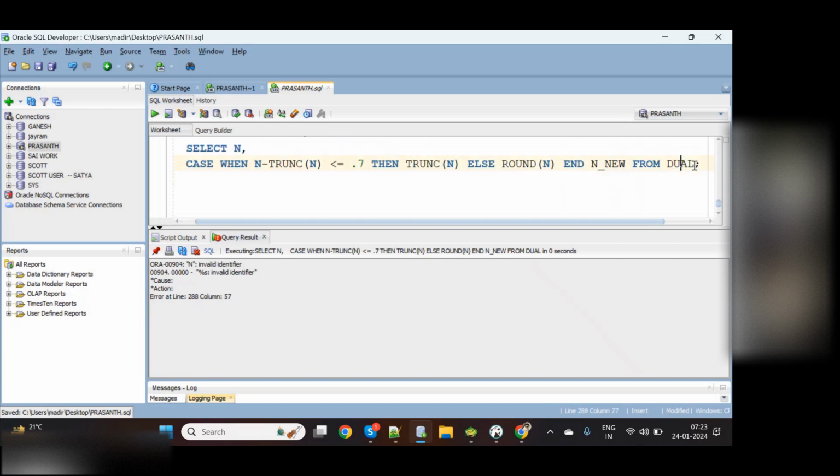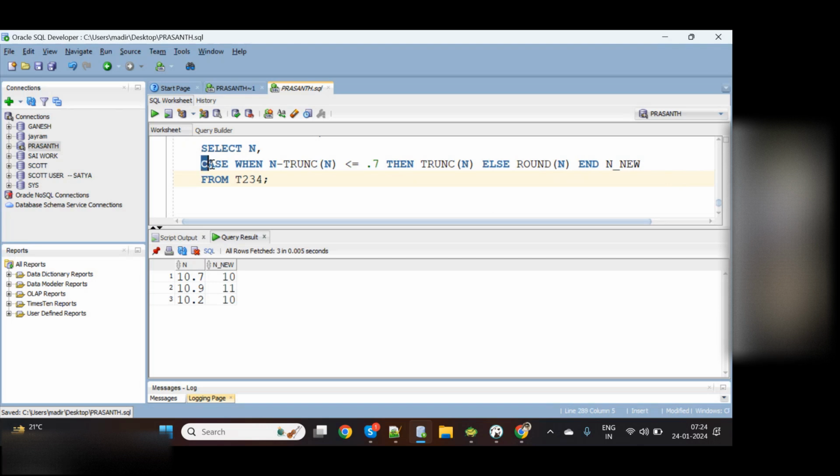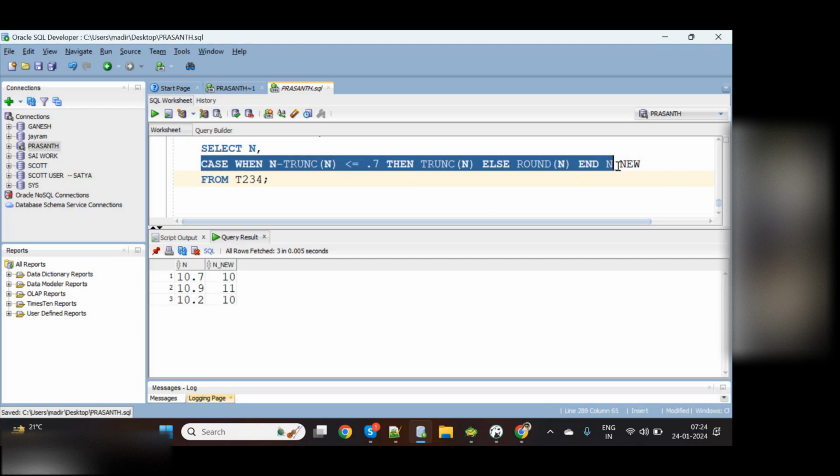Our table is T234, I wrote now. Because I go on creating tables, that's why I gave that number. See, now you achieved it. But here I use a complex logic, the case function, and I achieved my result set. You said above 0.7 only you want rounding. If it is 10.5 also, you'll get 10 only.